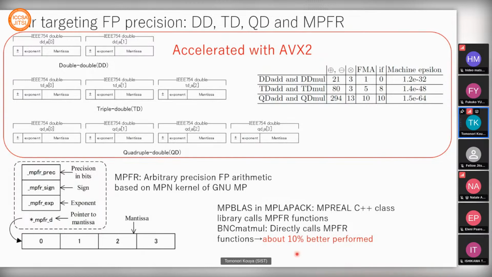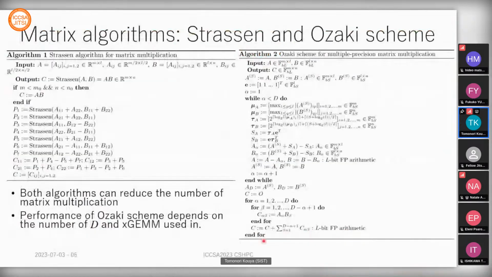So we can get about 10% faster than MPLUS and MPLAPACK libraries that are based on an MP C++ class library that includes some overhead of the class library.